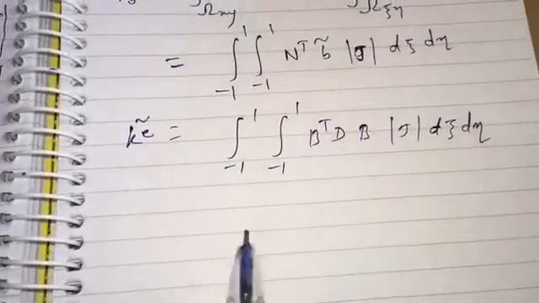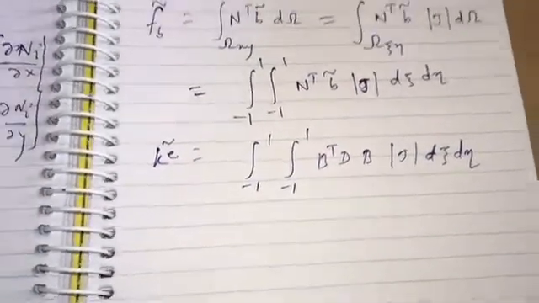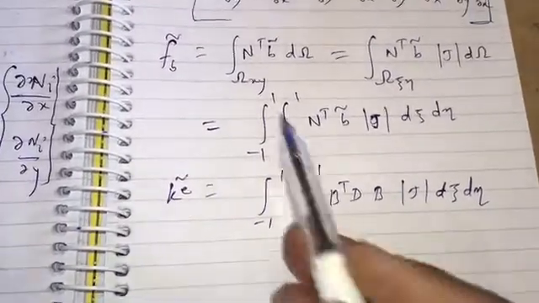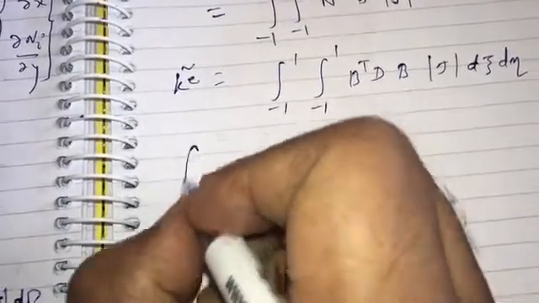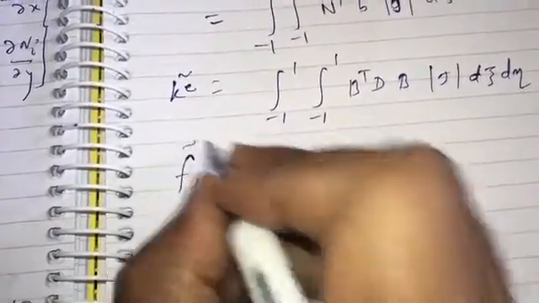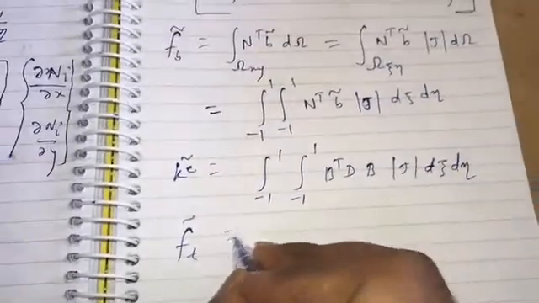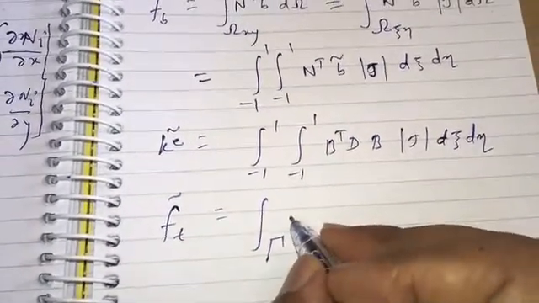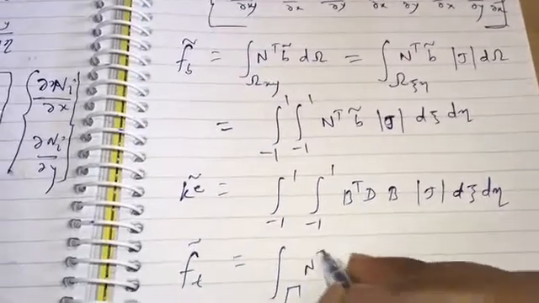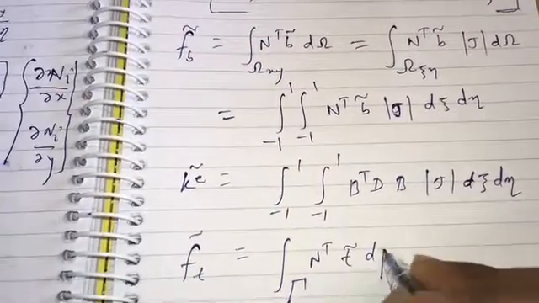So we can also write k in this form. Yeah. Ft also, let's convert that also. Let us see. So ft we wrote it as the integral of N transpose t d gamma, like this one.